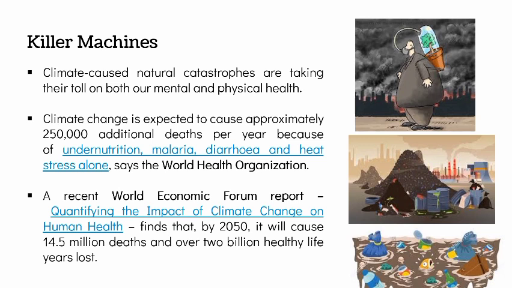Now, climate change is expected to cause approximately 250,000 additional deaths per year because of 1, undernutrition. The soil is being affected every day by toxic waste, toxic materials from industries.